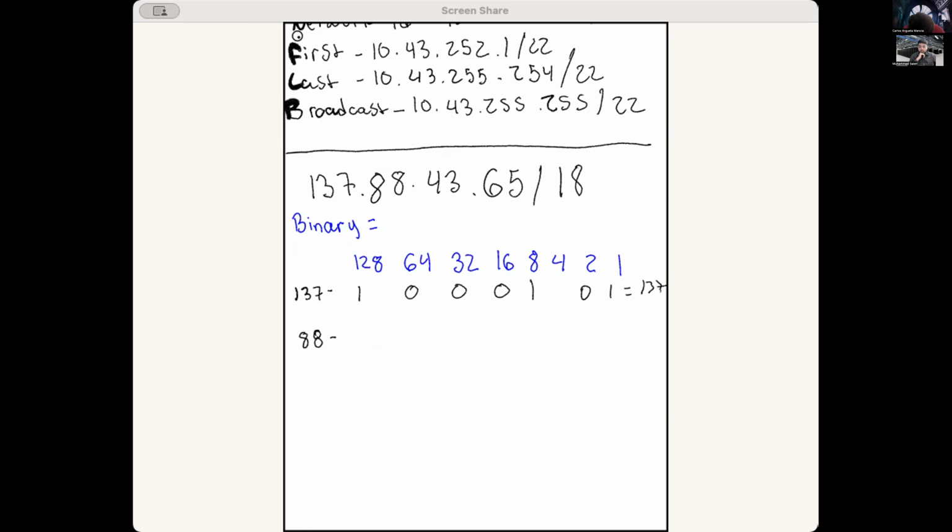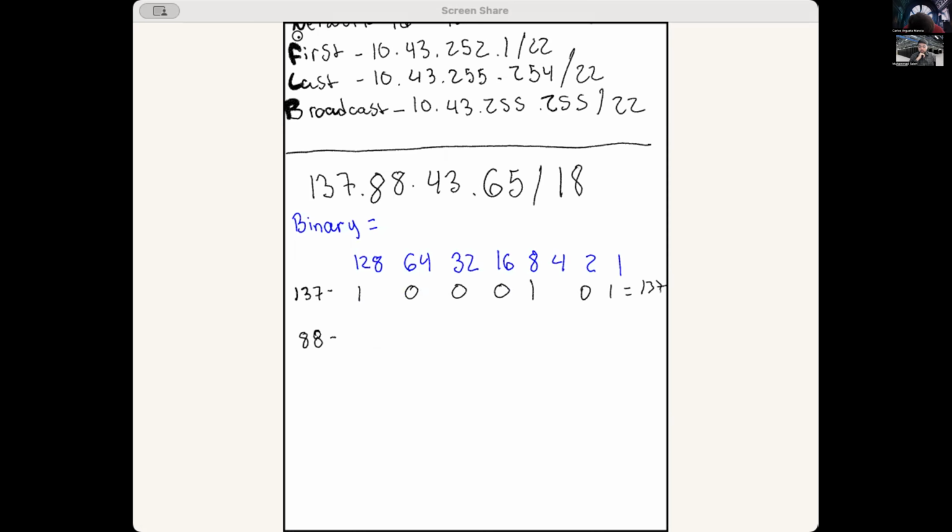So you get 0 here, 1. Then this will add a 0. So 64 plus 16 gives us 80. Here we add an 8, 88.